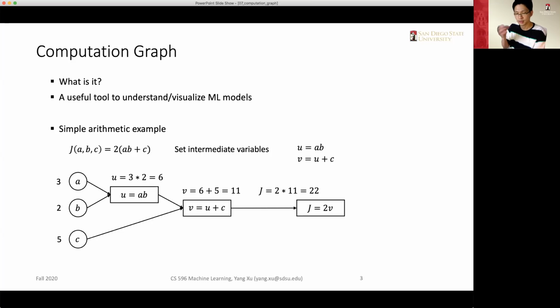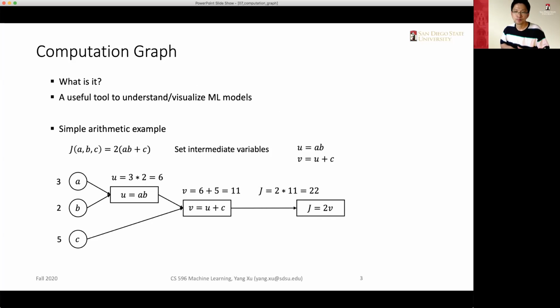That's a very typical forward computation, which by forward we mean we start from the inputs and get the outputs. It looks pretty simple, right?